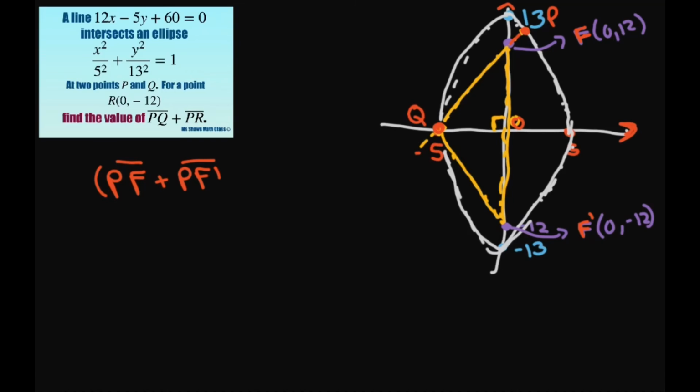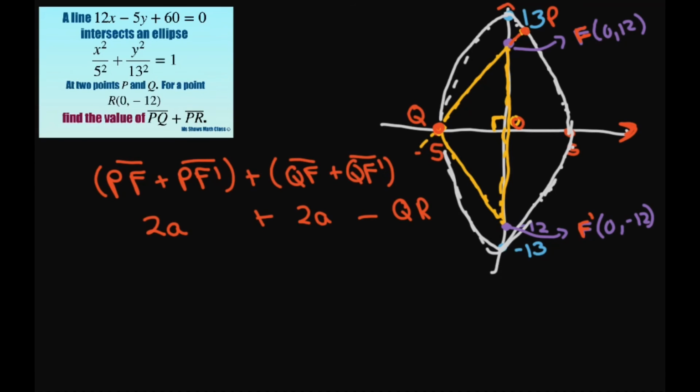By definition of an ellipse, it's going to be 2a. And then I'm going to have plus QF plus QF prime. That also equals 2a. And then we have to subtract this extra QR I put here.